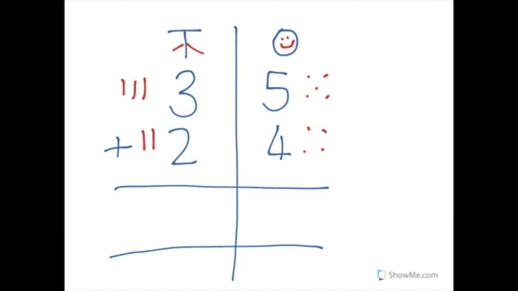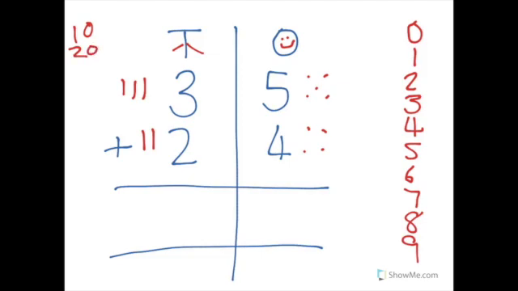The ones children are very little, so they are only the small numbers: 0, 1, 2, 3, 4, 5, 6, 7, 8, and 9. The adults in the tens room are 10, 20, 30, 40, 50, 60, 70, 80, and 90.